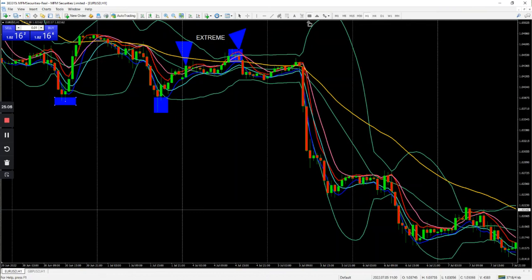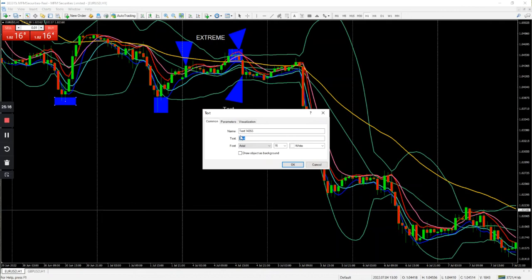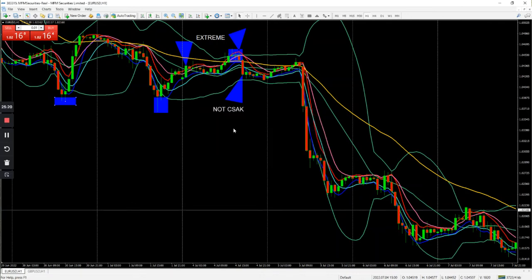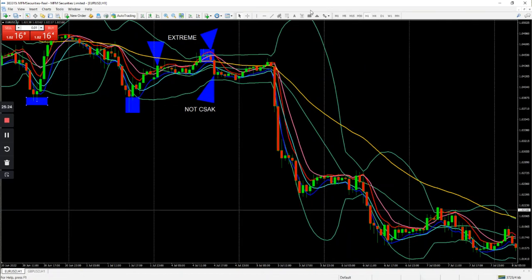But you can't call this a reversal CS, not CSAK, because there is no MHV. So this is MHV.